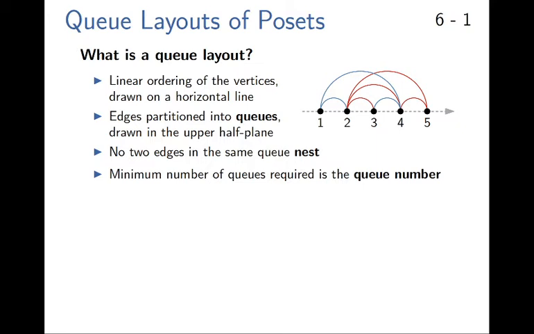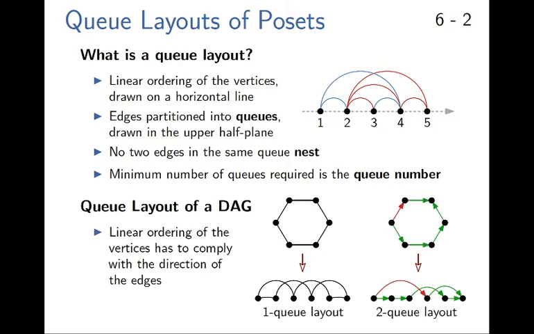Queues are a partition of the edges, which is here visualized by coloring them differently. And of course, the objective is to use as few queues as possible, so the number of these partitions should be as small as possible. For a graph class, the number of queues you need is then called the queue number of this graph.